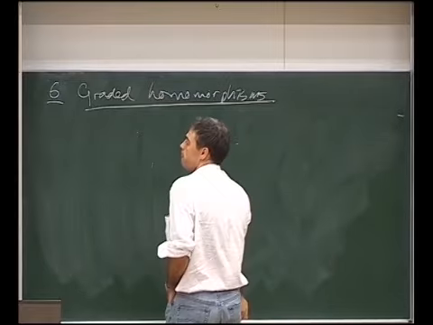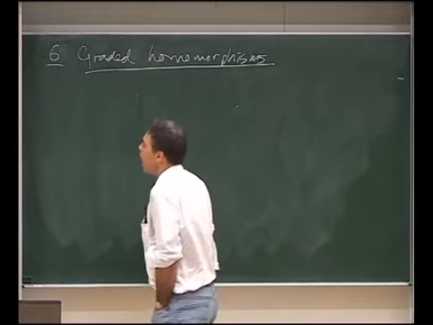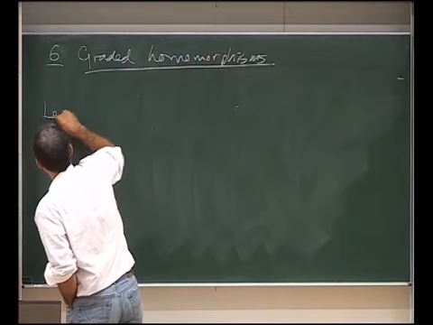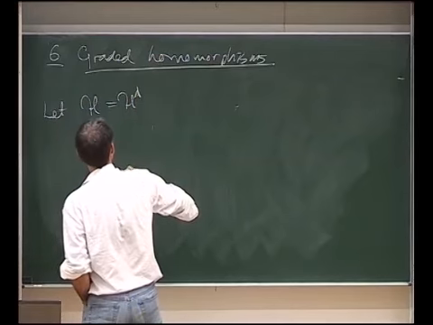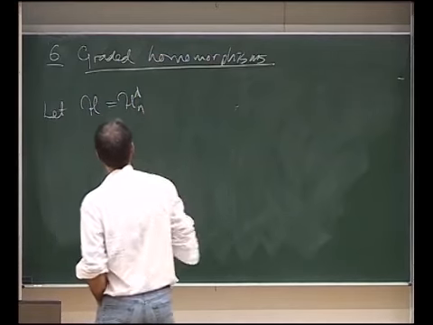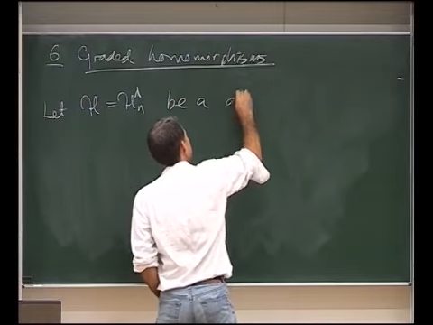So let me finish by very, very quickly talking about what happens in the graded case. So what is the graded case? I want to change the algebra to start with.